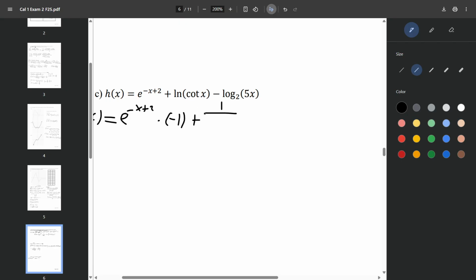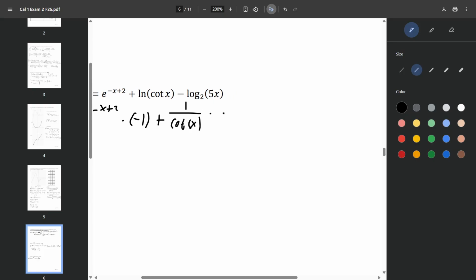And then the inside, which is cotangent of x. And then we need to do chain rule, so we're going to also multiply by the derivative of cotangent of x, which is negative cosecant squared of x.